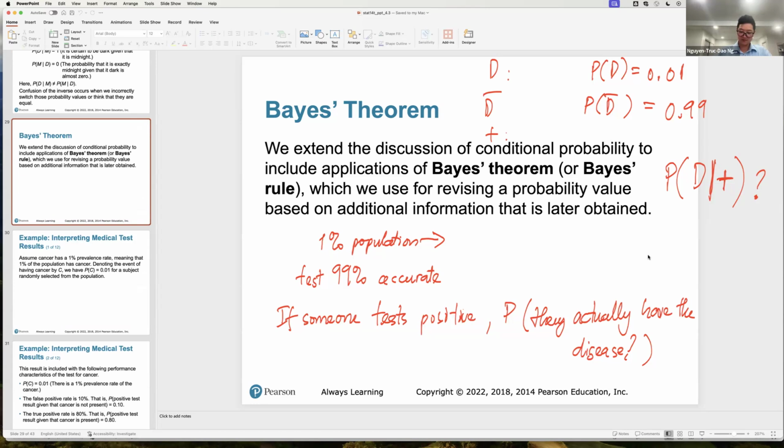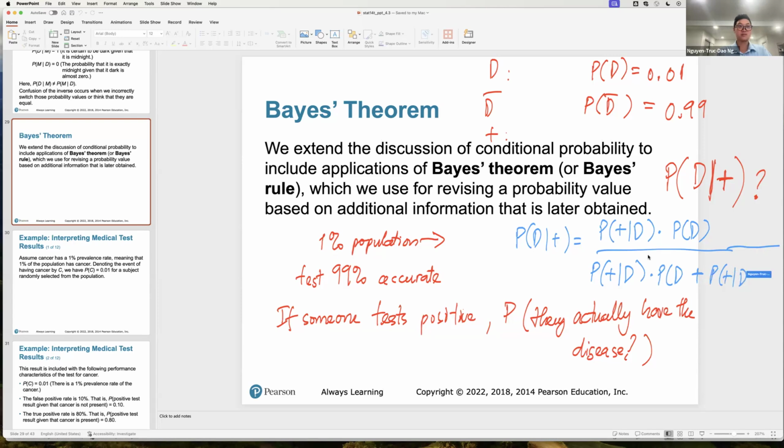The formula for the Bayes theorem is P(D given plus) equals P(plus given D) times P(D), divided by P(plus given D) times P(D), plus the other one, P(plus given D bar) times P(D bar).